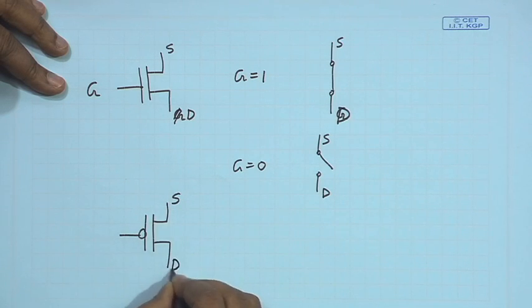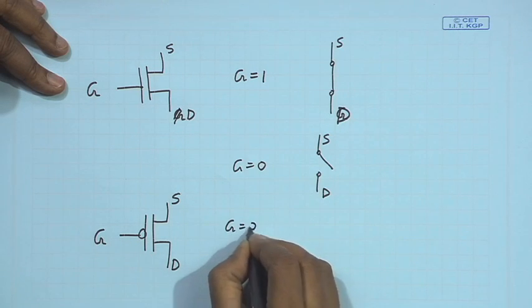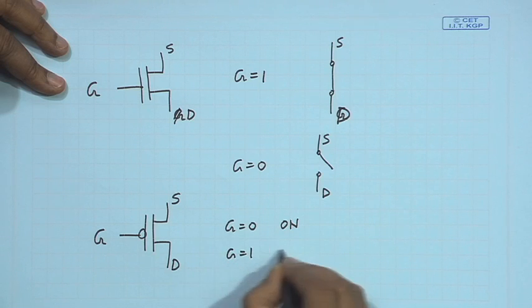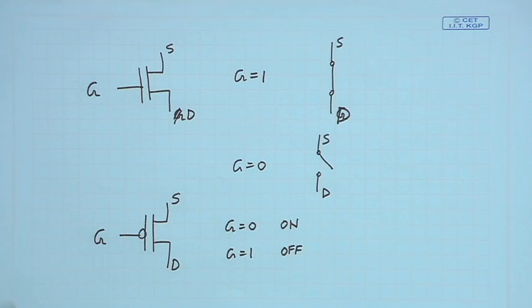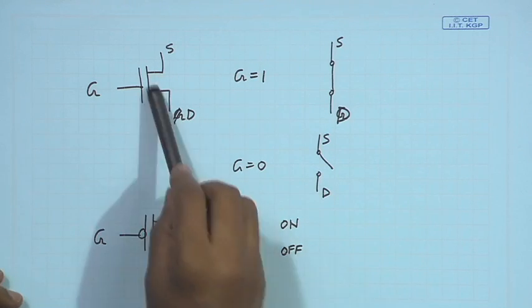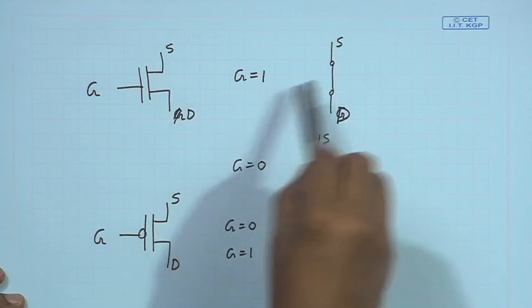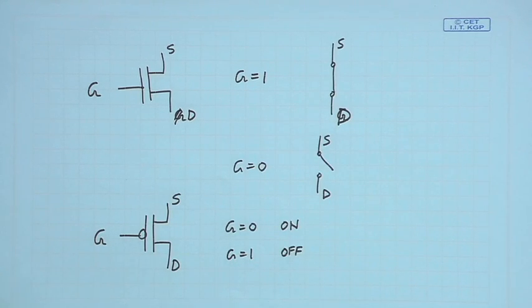If G is 0, then the switch is on, if G is 1, then the switch is off. So, in this fault model, we are assuming that the MOS transistors that comprise a CMOS gate behave like ideal switches, where source and drain are either connected or disconnected.